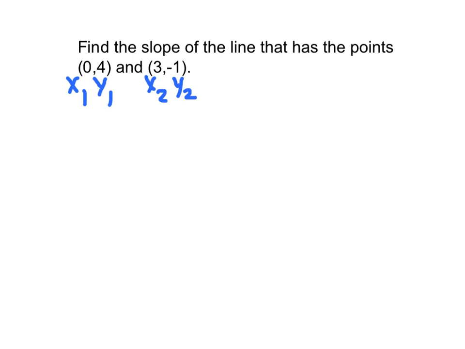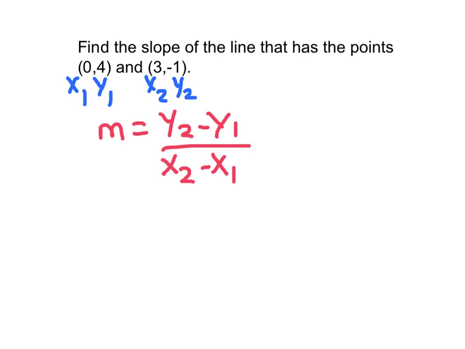My slope formula is going to be the two y values subtracted over the two x values subtracted. So y sub 2 is going to be the negative 1, and y sub 1 is going to be the 4. X sub 2 is going to be the 3, and x sub 1 is going to be the 0.